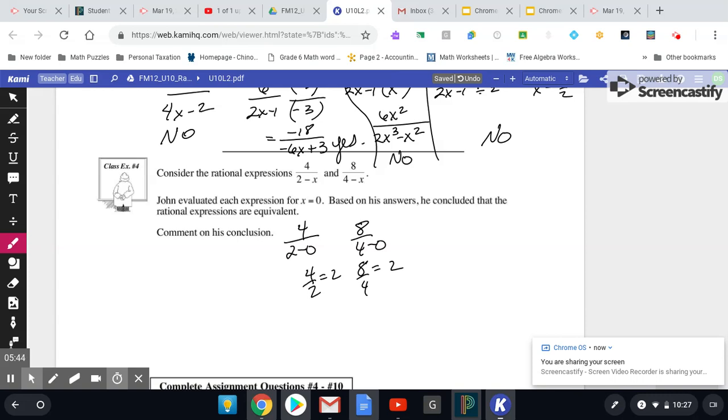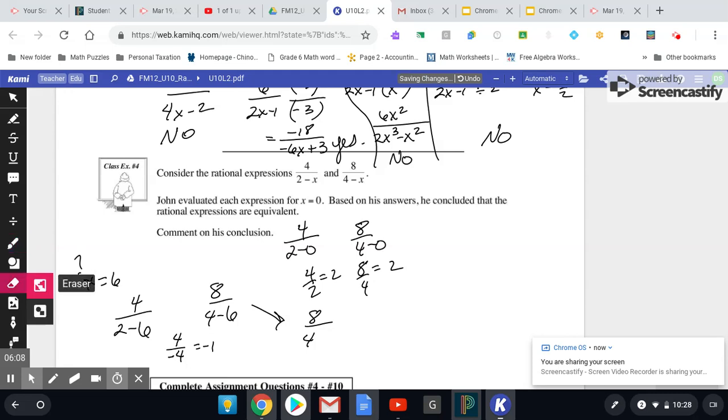What if x happened to be 6? Let's just try. If x happened to be 6, you would have 4 over 2 minus 6 and 8 over 4 minus 6. Well, this would be 4 over a negative 4, which is negative 1. And this one would be 8 over 4 minus 6, which is negative 2, which is negative 4.